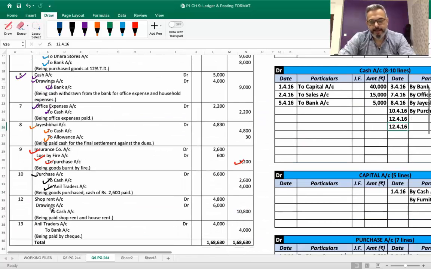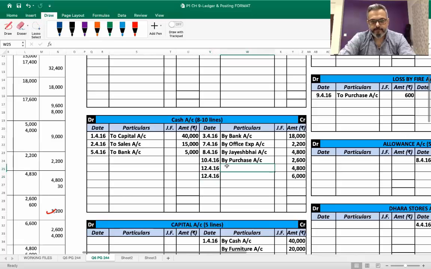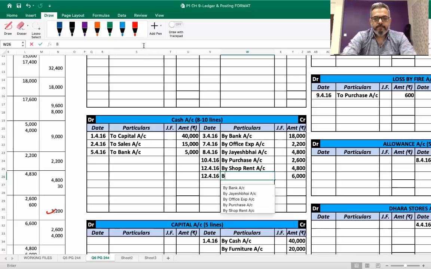By shop rent and by drawings. By shop rent, by drawings.